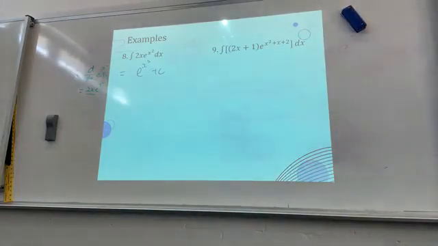Once you've realized that, you can straight away write down what the antiderivative is, or the integral: e to the power of x squared plus x plus 2. So the main thing is recognizing what is in front of e. What is the function in front of e? Now these are all small basic examples.